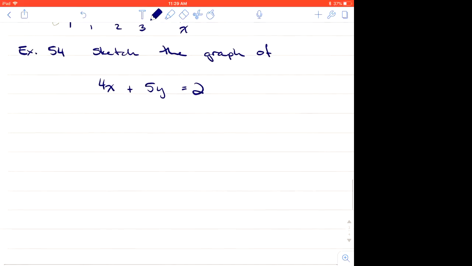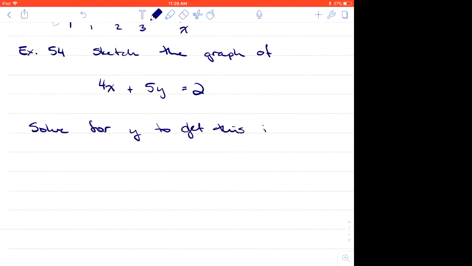Okay. So this is one of those scenarios, right? We have an x and a y. We can rearrange it in the form of y equals mx plus b, right? So first thing we're going to do is solve for y to get this in the form of y equals mx plus b.